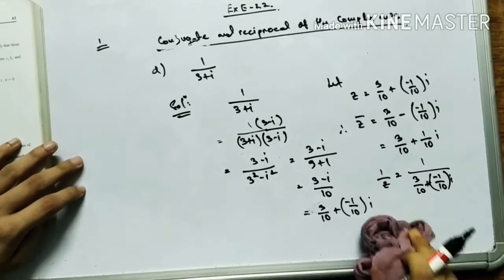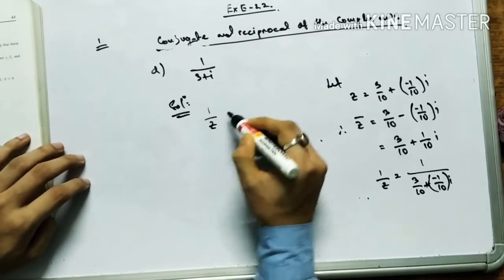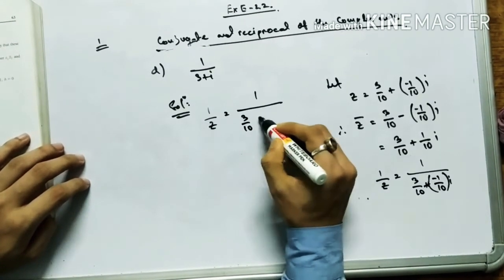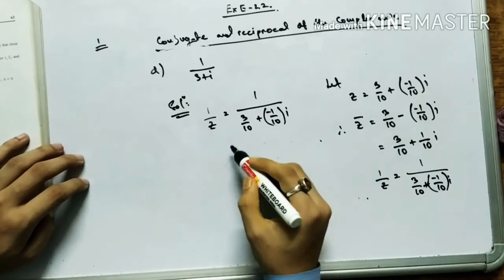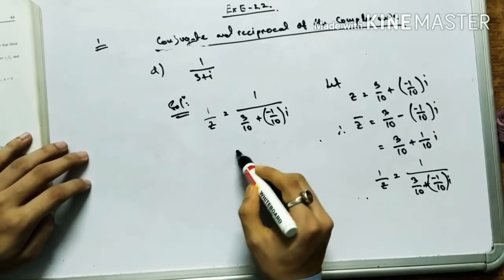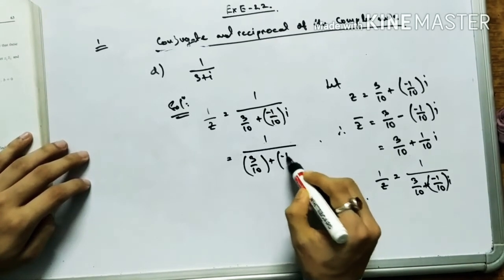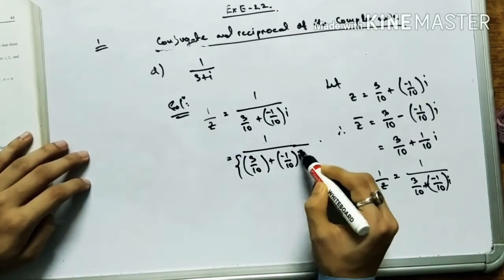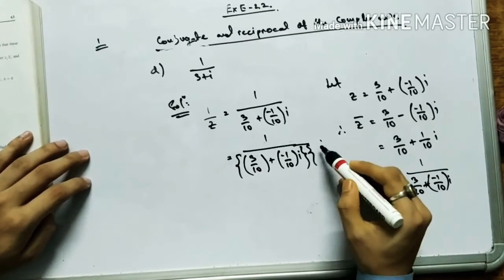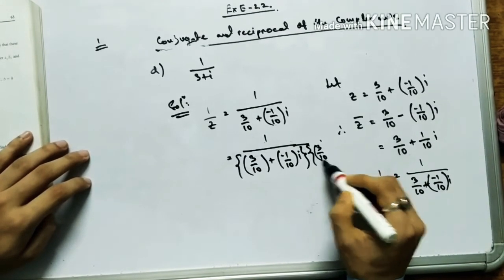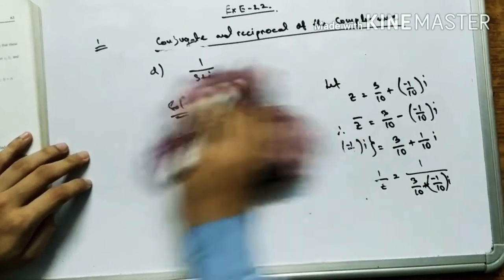So in here, 1 by z is equal to 1 by 3 by 10 plus minus 1 by 10 I. What I will do is multiply both sides by 3 by 10 minus 1 by 10 I. Let me show you nicely.